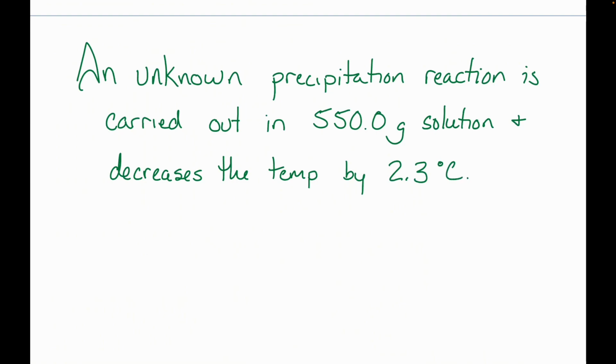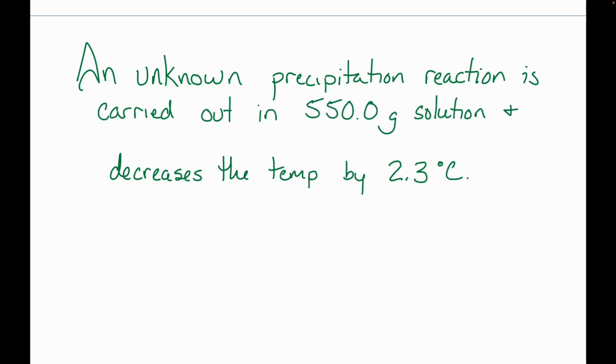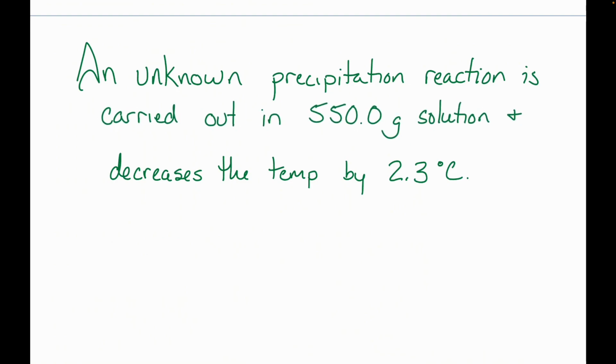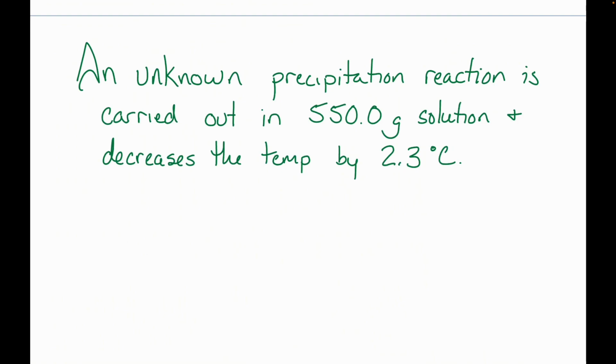All right, we're going to carry out this reaction, and it's a precipitation reaction, and we are going to have a total of 550 grams of our solution. All right, this decreases the temperature of this solution by 2.3 degrees Celsius when I carry out this precipitation reaction.